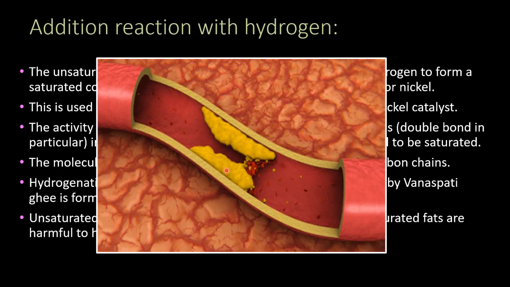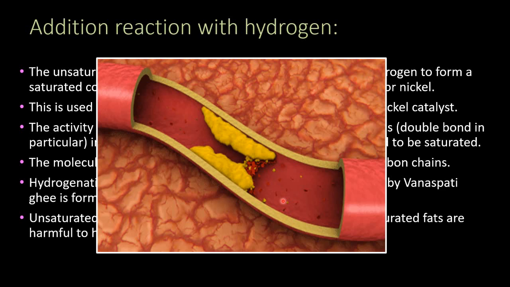If you can see this image, this is a blood vessel. We know that the blood vessel contains minute pores for the exchange of materials. If you see, there is a deposit of fat inside the blood vessel and it is blocking the flow of blood. We know that saturated fatty acids are lighter.